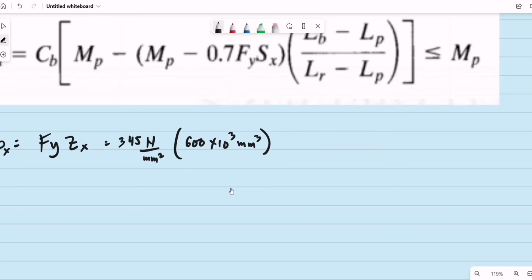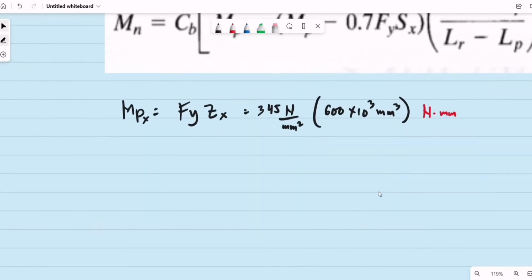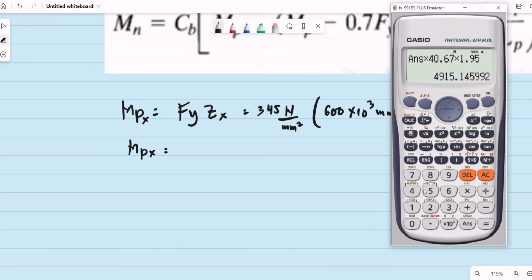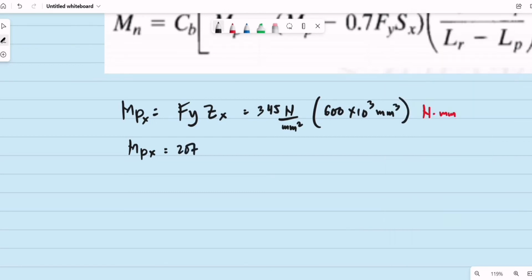If you are to do unit analysis, obviously, the remaining units will be in Newton mm, since that is a moment. So for the plastic moment with respect to the x-axis, M sub px is equal to 345 multiplied by 600 times 10 raised to 3. So we can have it as 207 times 10 raised to 6 Newton mm.